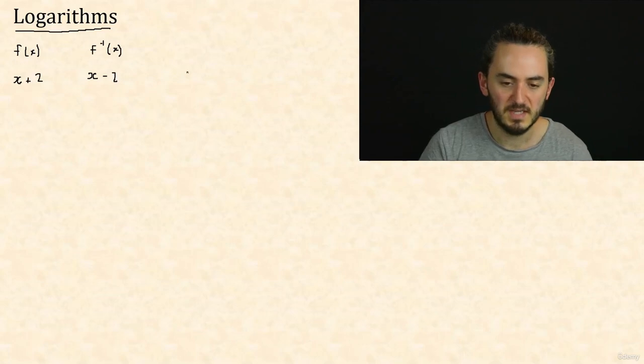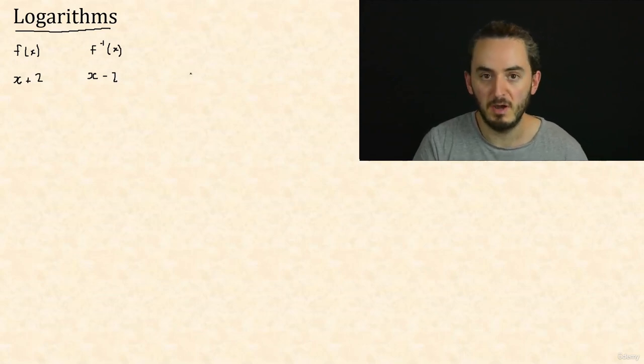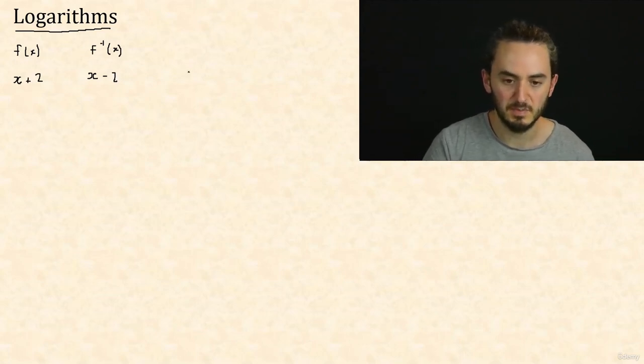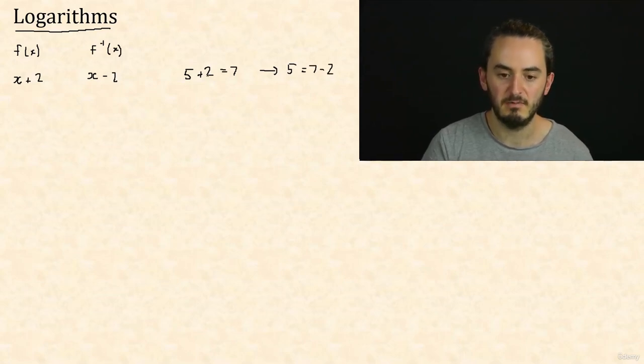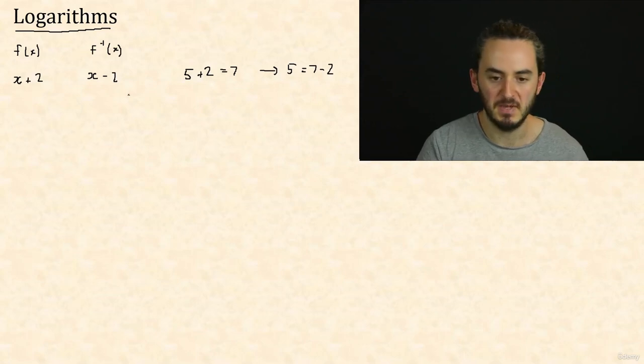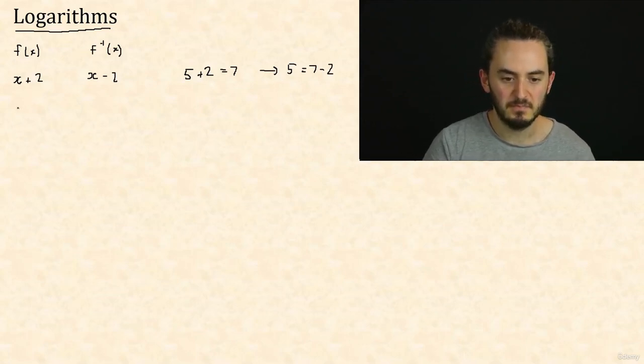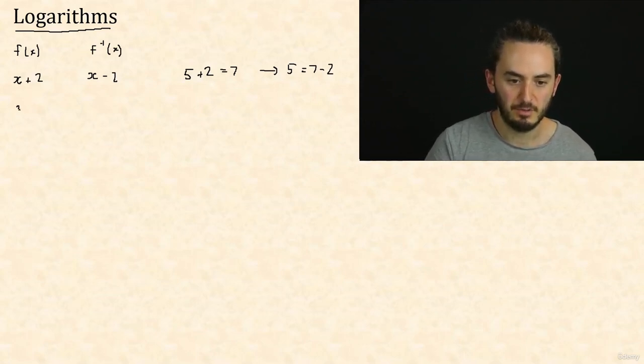And this allows us to make some, in this case, blindingly obvious statements. For example, if 5 plus 2 equals 7, well, this must mean that 5 equals 7 minus 2. Okay, no big surprise. You can rearrange that to that. No big deal, right? Okay, what about the function 3x?